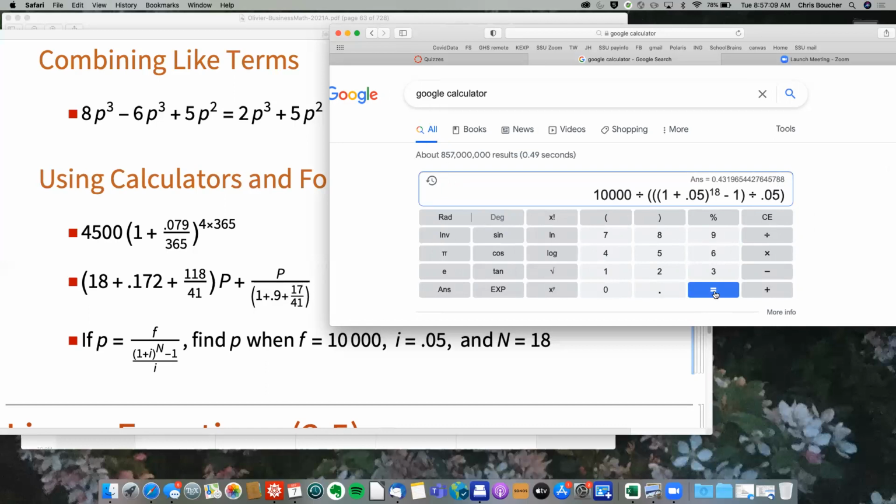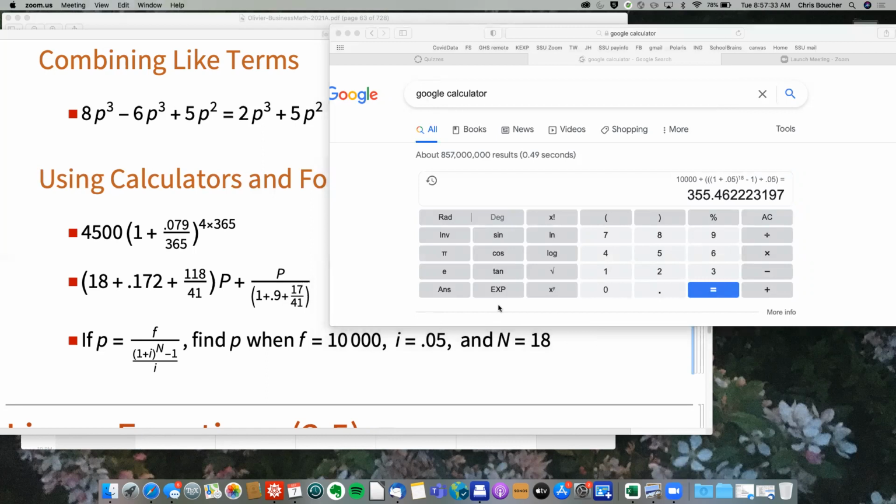Another advantage of typing the whole formula in at once is you can look at it and make sure that it looks right, and you can see the whole thing. You're not missing pieces of it. So I click equals. There's my result. Questions about anything? All right, let me stop this.